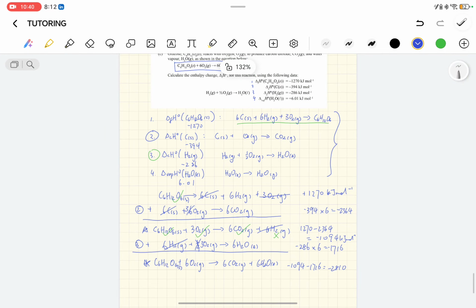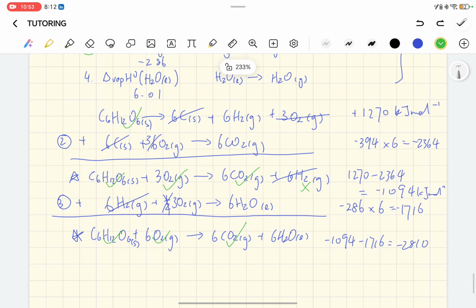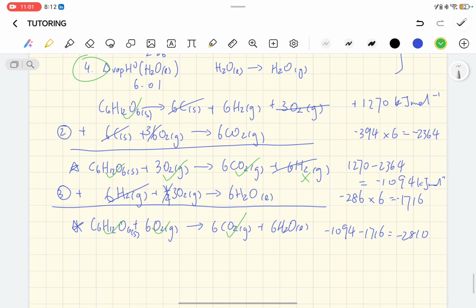Now check again. What do we want and what don't we want? We're good with all of these, but this is H2O liquid, but we want H2O gas. So we're gonna adjust the H2O liquid using the fourth reaction, which is the vaporization reaction of H2O liquid, and this has a positive 6.01 enthalpy change.